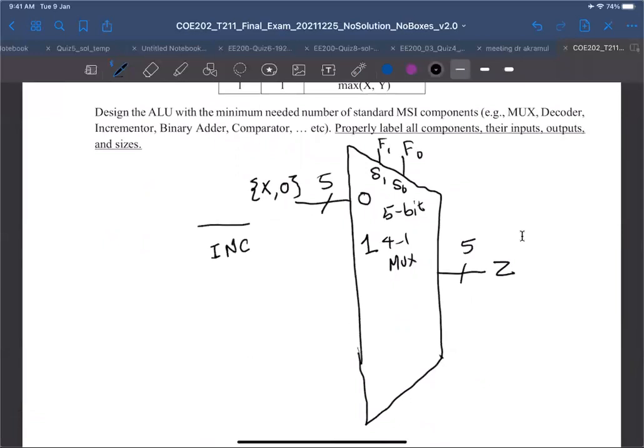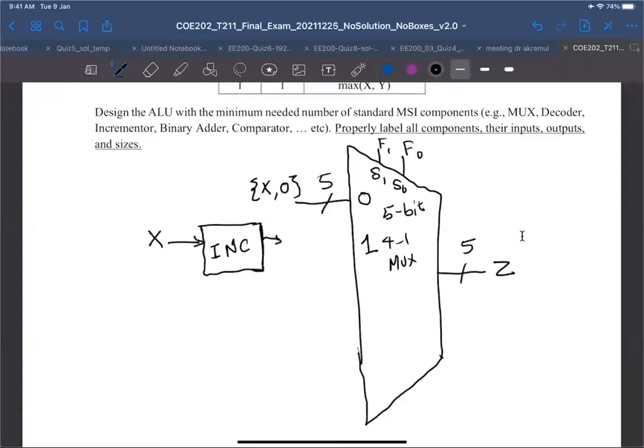It takes x and produces the incremented value and a carry out.